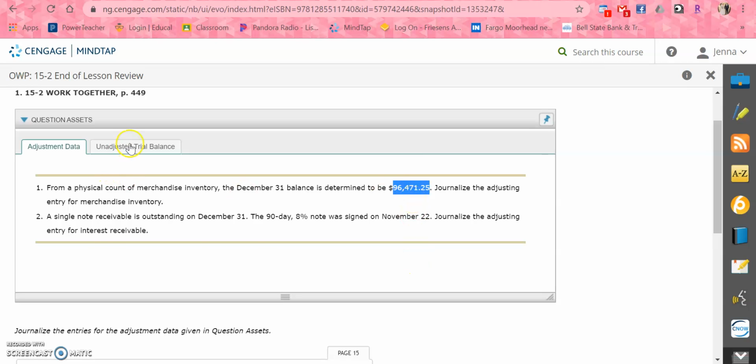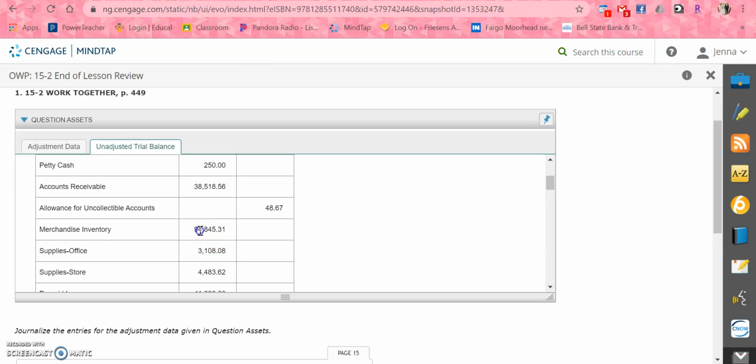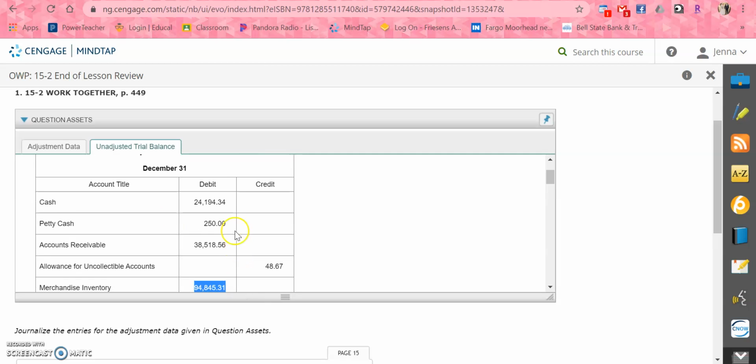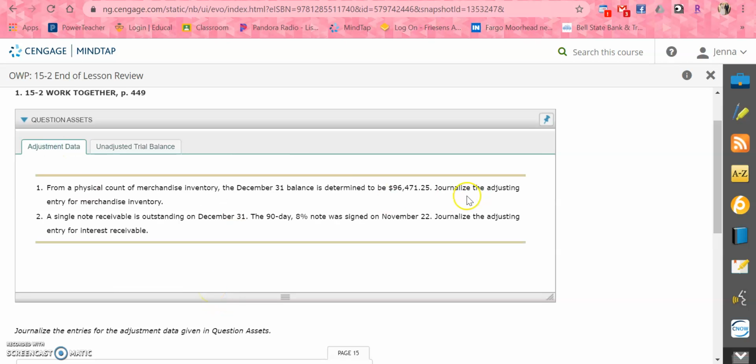So what I need to look at is, how do I make this number larger? That would tell me that I need to increase that. And how would I increase that? If this is the debit side and this is the credit side, I would need to increase merchandise inventory with a debit.